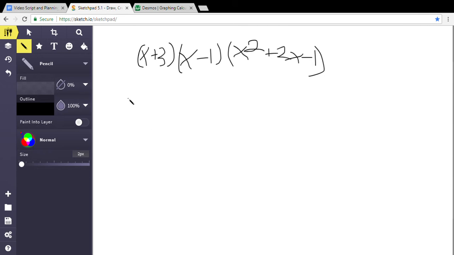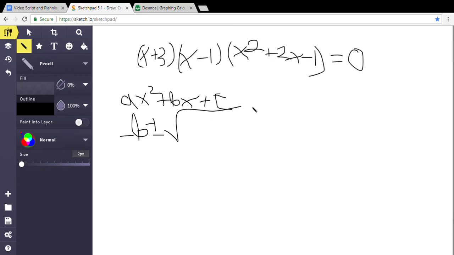Now the quadratic formula uses the form ax squared plus bx plus c. And the formula itself is used to find quadratics that equal 0. So to find our solutions, we would use -b plus or minus the square root of b squared minus 4ac over 2a.